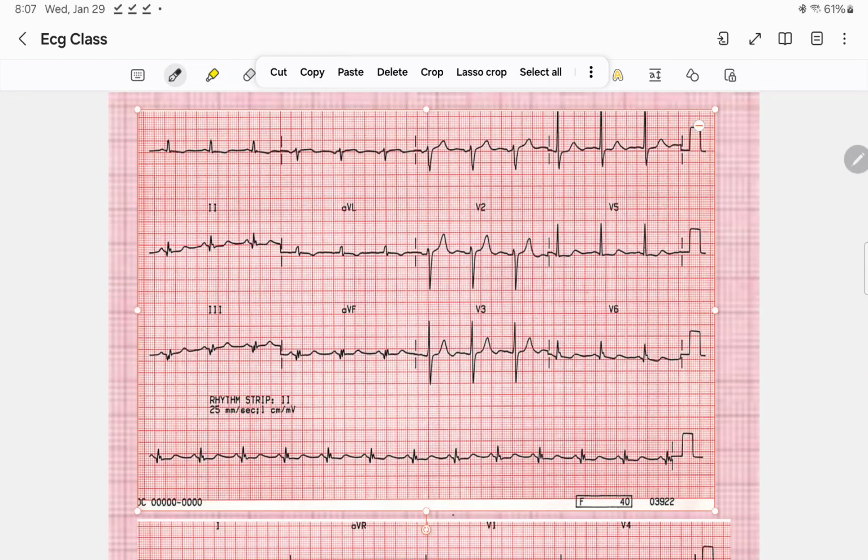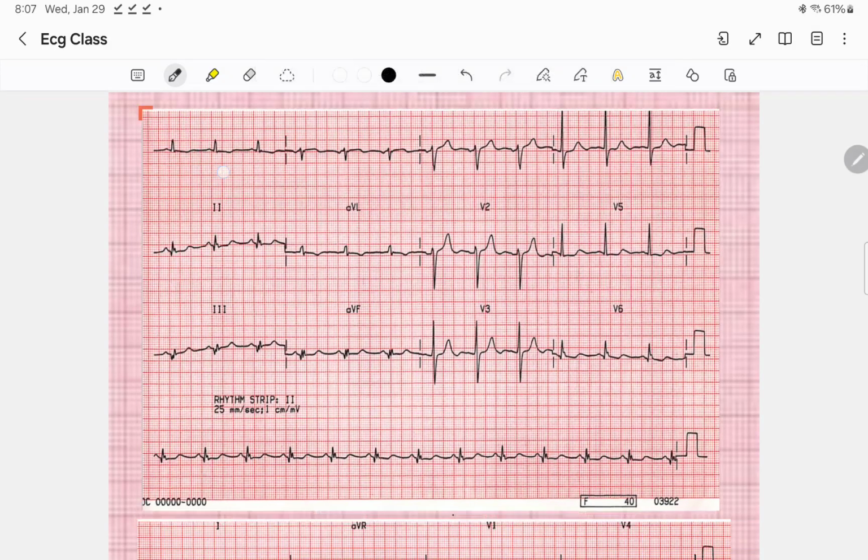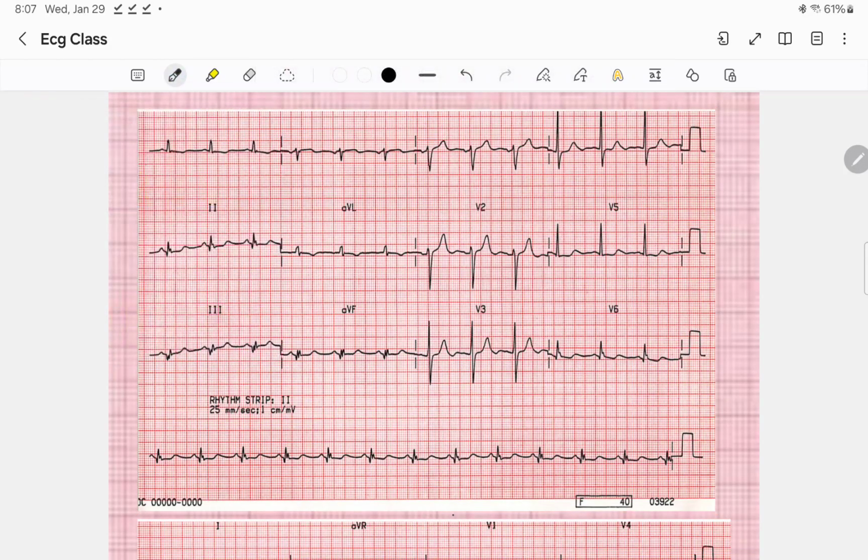Okay, so let's look at these 3 ECGs to see if they are indeed sinus rhythm or not. ECG number 1, we need to assess the rate, the regularity, the axis of the P waves, the width of the QRS, and the width of the PR.